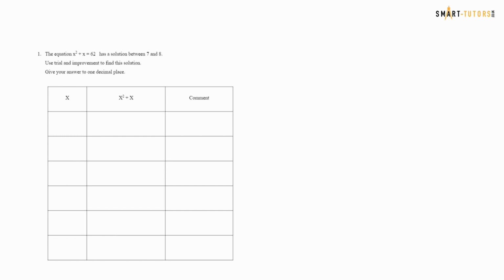So in this question, you may think this is a quadratic equation. So x squared plus x minus 62 equals 0. You can use the quadratic formula.